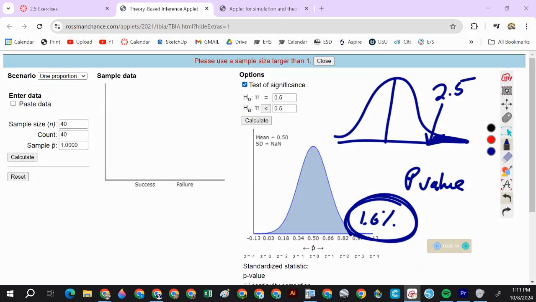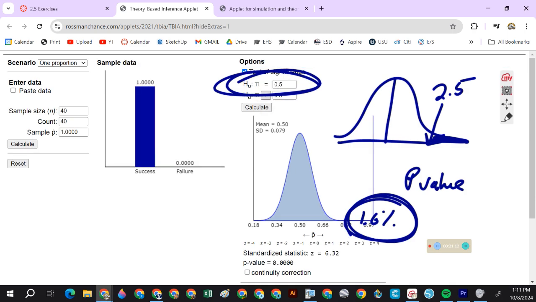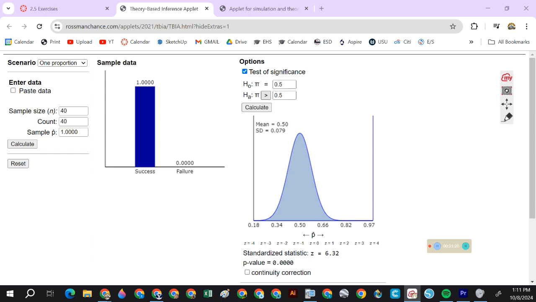So we need to click test of significance up here. And then that will give me my hypotheses. So pi is 0.5, and then my alternative is pi is, I need to switch that. Okay, now I can see.